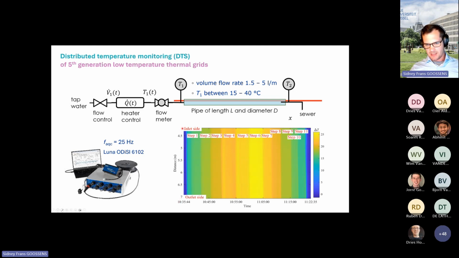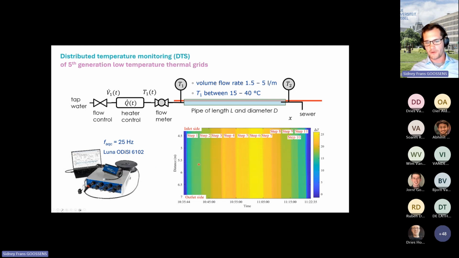What you see here is the temperature from the start of the pipe until the end of the pipe. So when we increase the temperature, first of all, there's an inclination in the slope here, meaning that we can measure the flow rate. So we measure the next temperature of water passing through the pipe, so we can measure the flow rate of that water.